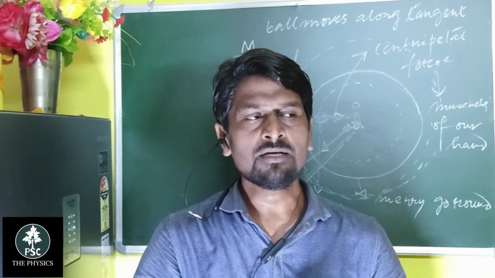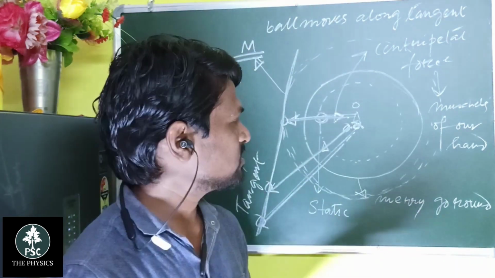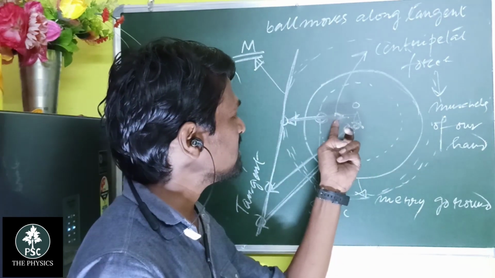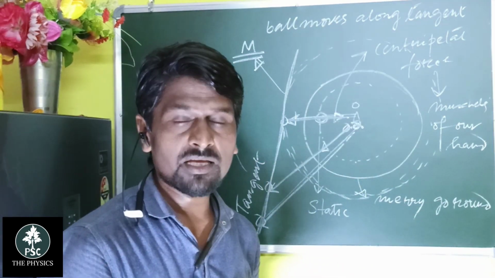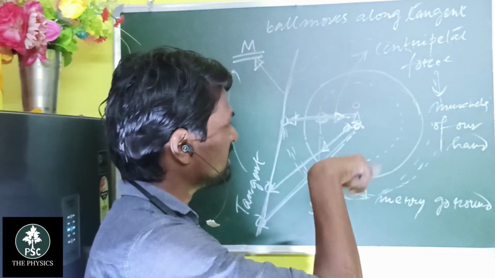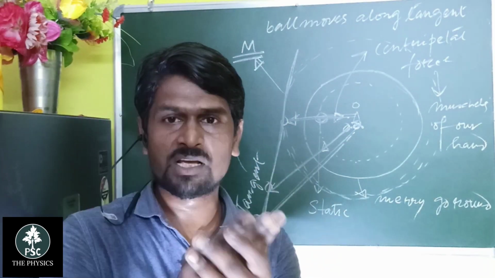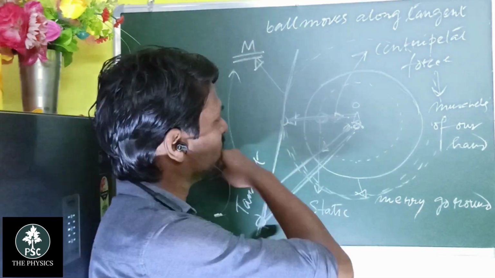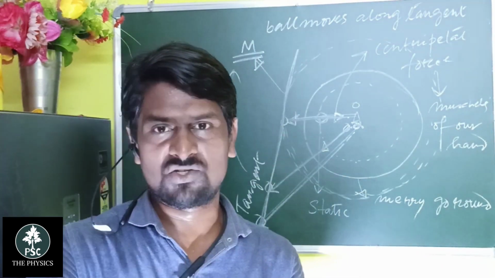So it is not a real force, but centripetal force we can say is a real force, because of the tension within the string. If you hold a string like that and it rotates, and if the string is cut, then the ball moves away along the radius, and your friend sees that it moves tangentially.